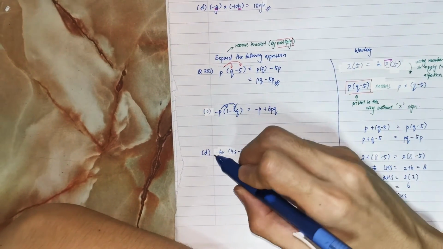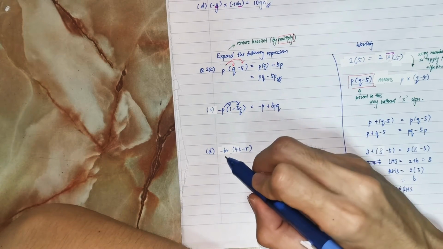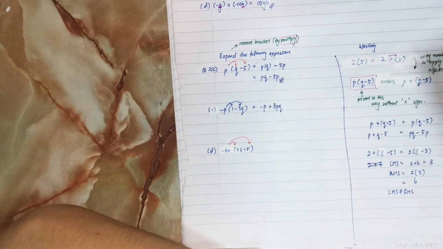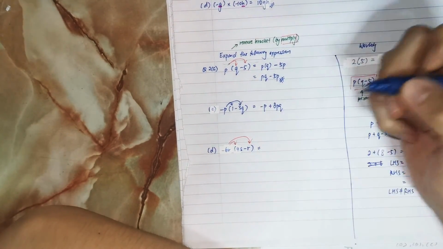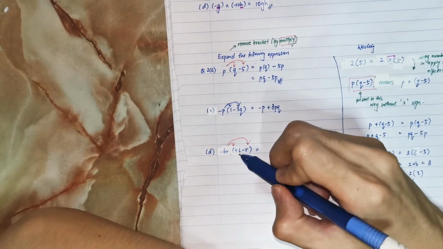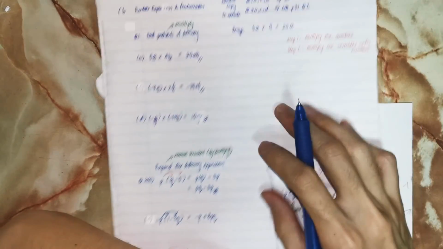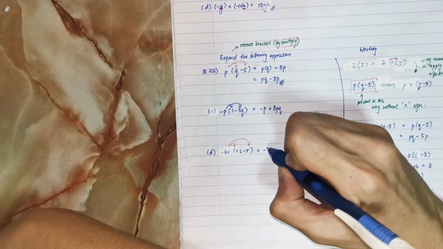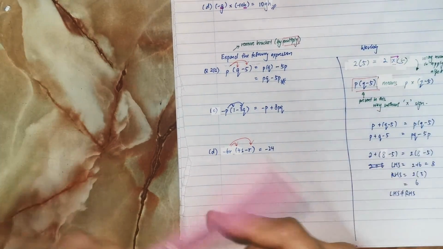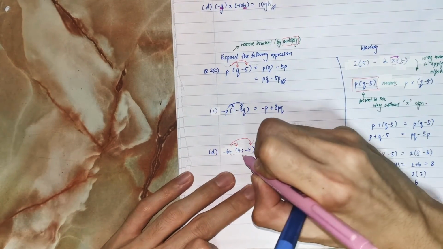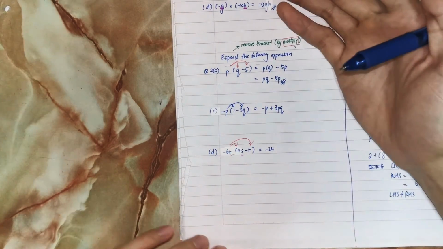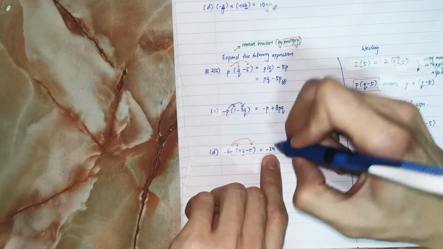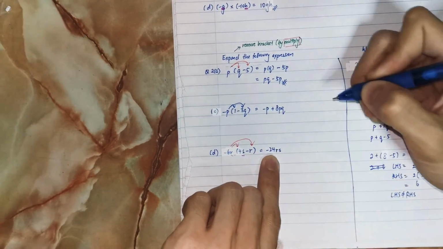For the last one, 2d, with negatives, I need to multiply them using the removal method. Negative 6r times 4s: first step, multiply the numbers. Negative 6 times 4 is negative 24. Now I'm left with r and s. r times s gives me rs, so r times s times negative 24 gives negative 24rs.